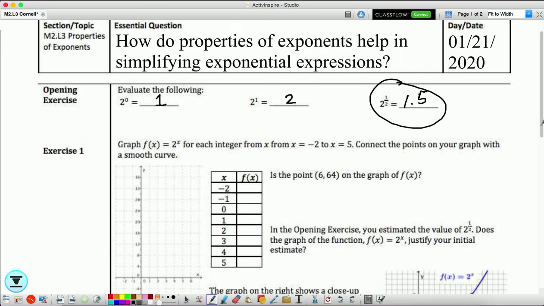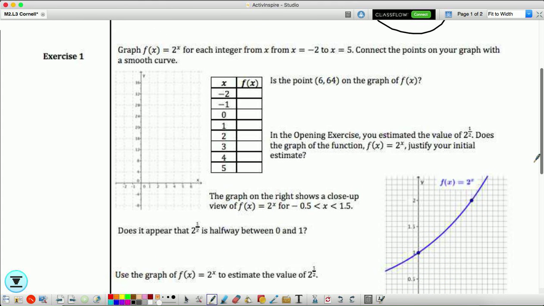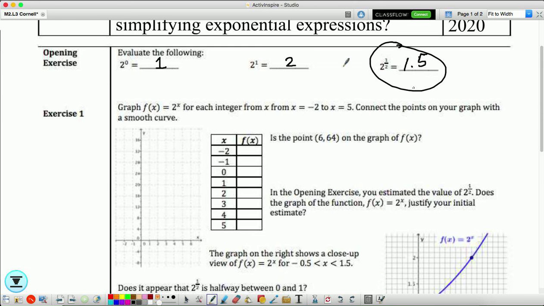If I were to graph this function, this is probably the third time we've graphed it, for every integer of x from -2 to 5, then we're going to plot the points and connect them for a smooth curve. Just like we mentioned in the opening exercise, anything to the 0 power is 1. 2 to the first is 2.